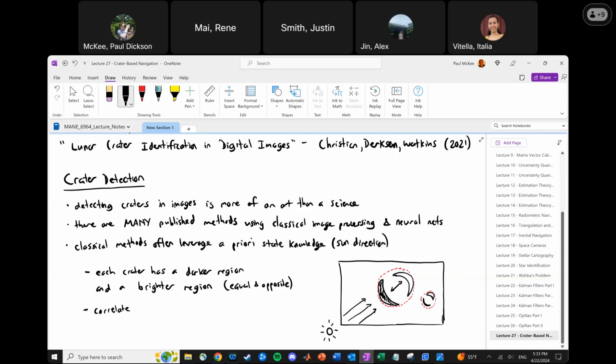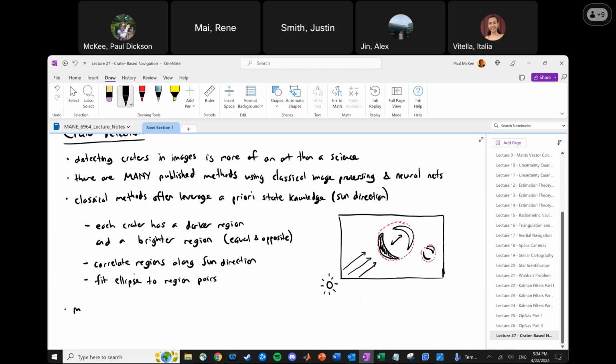Correlate regions along the sun direction. And then fit an ellipse to region pairs. So that's kind of one way of solving this sort of problem.